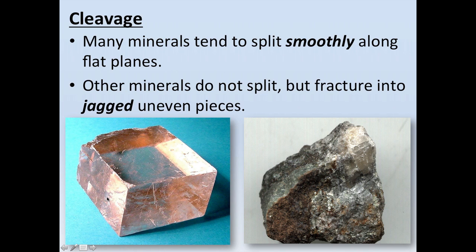On this side, it's all jagged and rough, like any rock that you'll see outside. Most rocks actually fracture. They don't cleave. So you can identify different minerals by how they break. This is cleavage on the left, and on the right, that's called fracture.